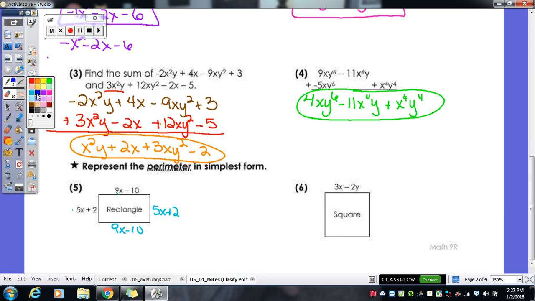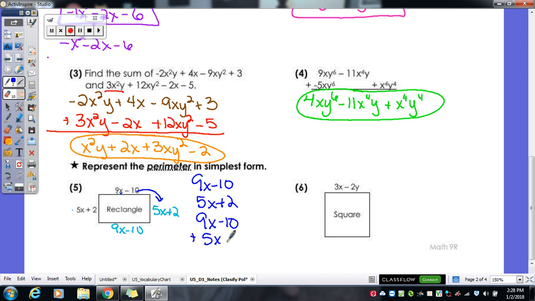So now really the easiest way is just line them all up. I start at the top and I kind of go clockwise. So I put my 9x minus 10, and then my 5x plus 2, and then I get my bottom one, 9x minus 10, plus 5x plus 2. No, because of the x you cannot. So let's add these up.